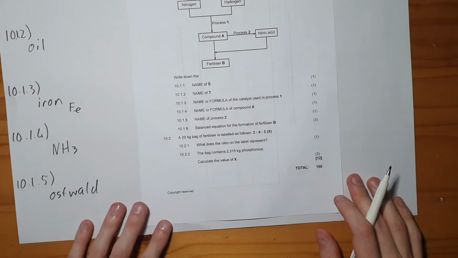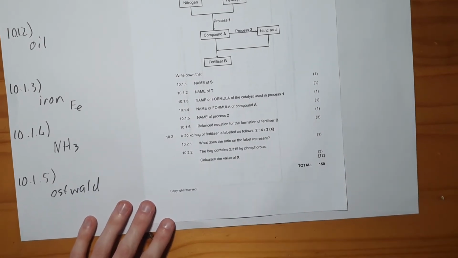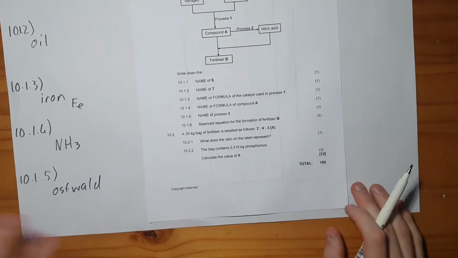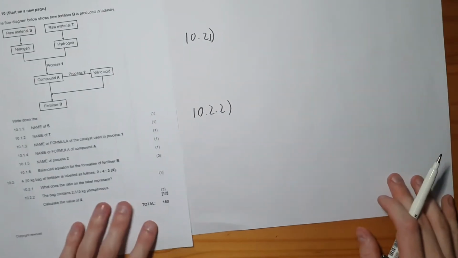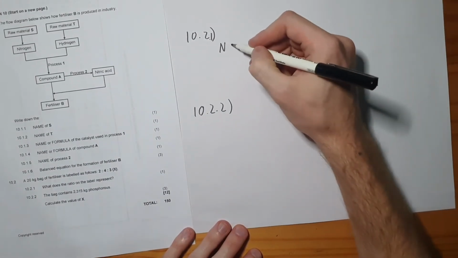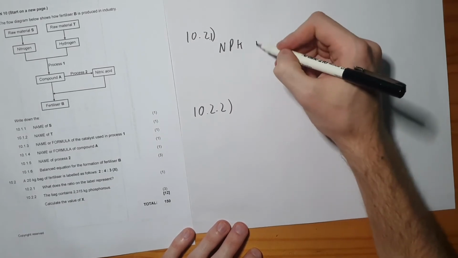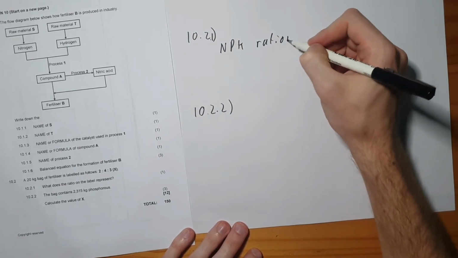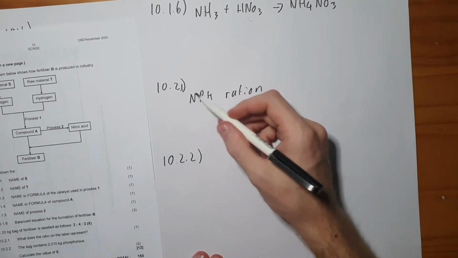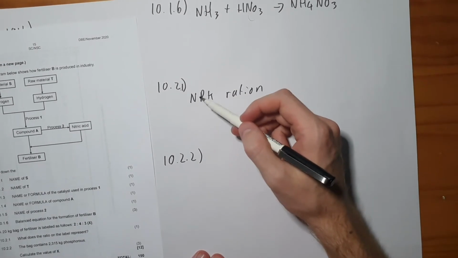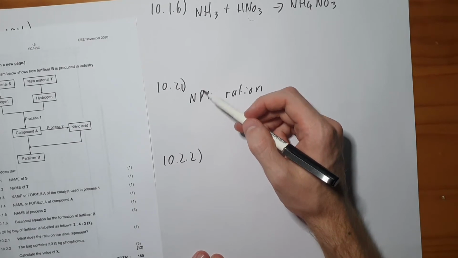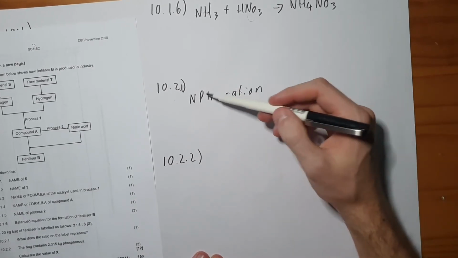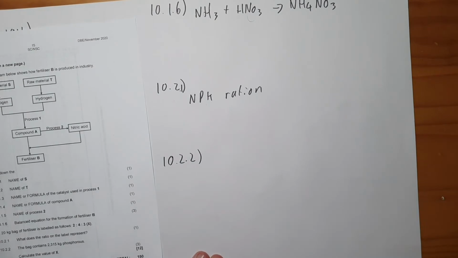Then it asks, what does the ratio of the label represent? That is your NPK ratio for your fertilizer. N is your urea, P is your superphosphates, and K is your potassium chloride that goes into it.